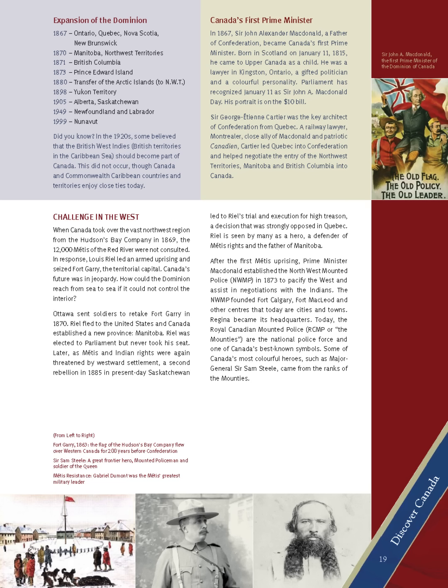Expansion of the Dominion. 1867. Ontario, Quebec, Nova Scotia, New Brunswick. 1870. Manitoba, Northwest Territories. 1871. British Columbia. 1873. Prince Edward Island. 1880.